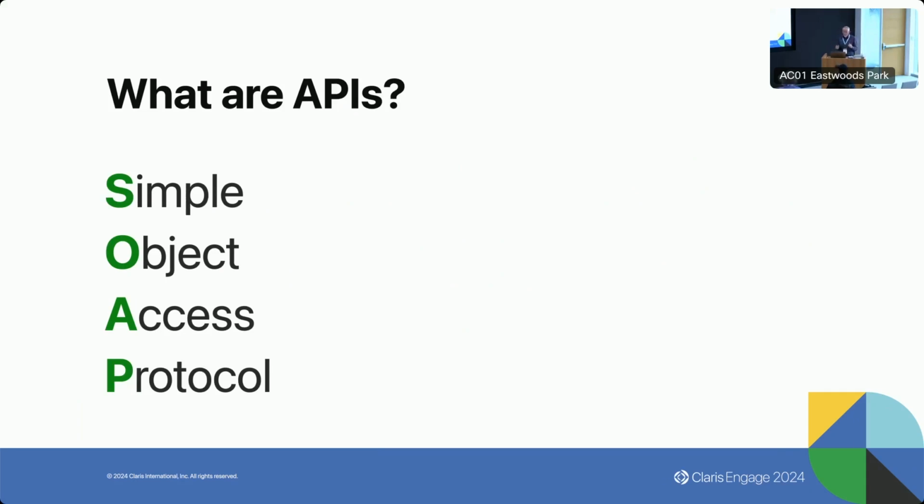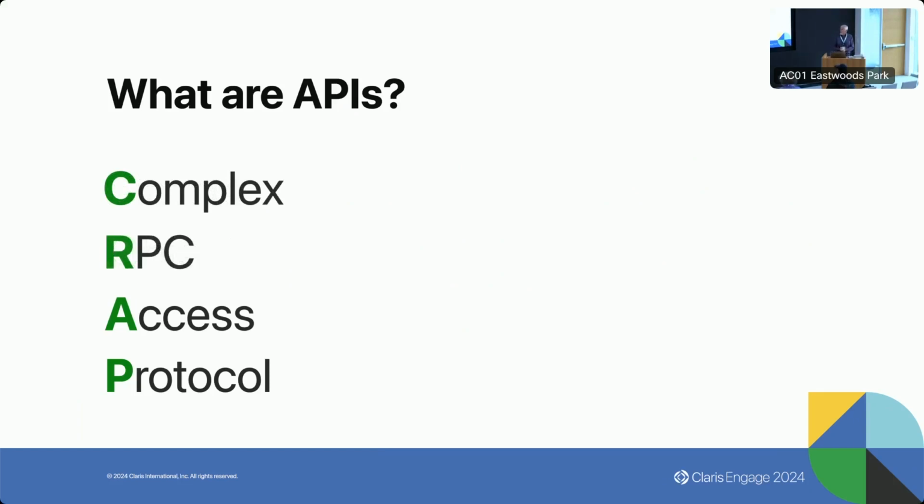Conceptually, it was a great approach because it was really consistent in the way it described everything. But there were a couple of issues. For one, it wasn't really that simple. It was actually quite complex to use at times. And really, it had nothing to do with objects. It was just a wrapper around RPC. And so it ended up being, well, something else.